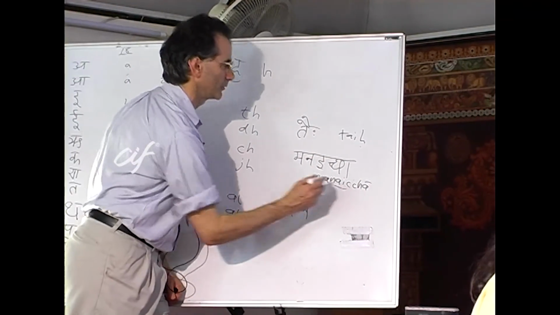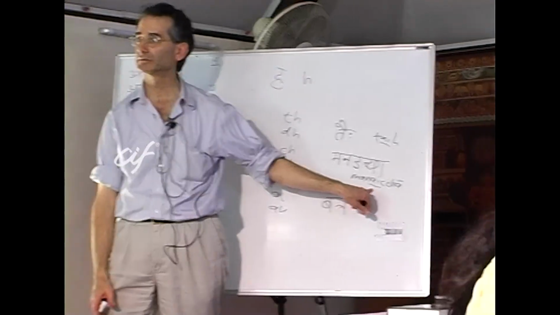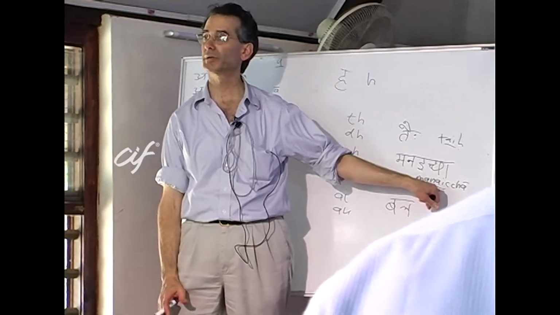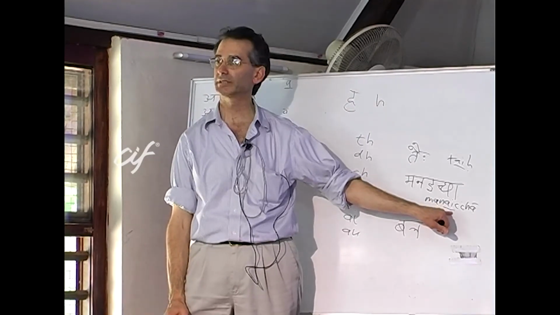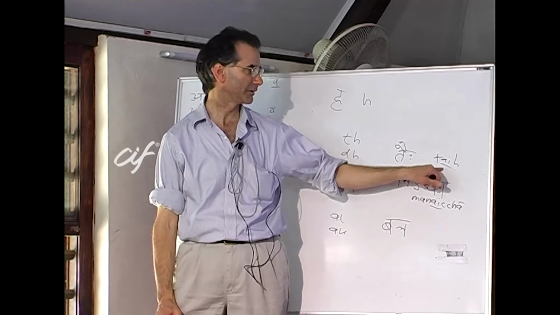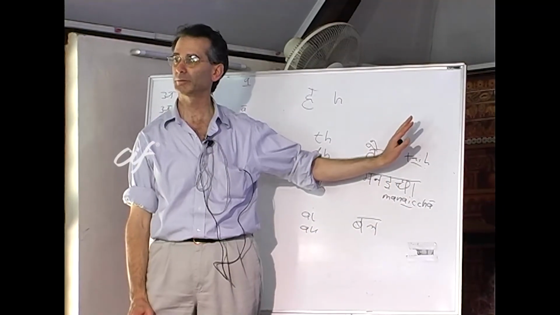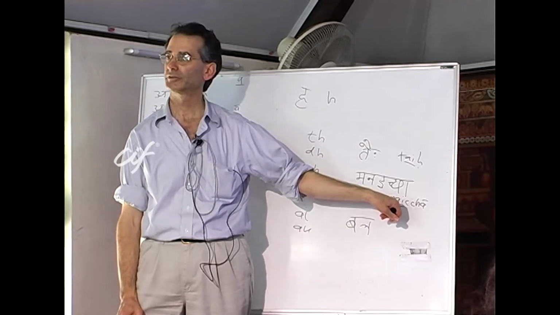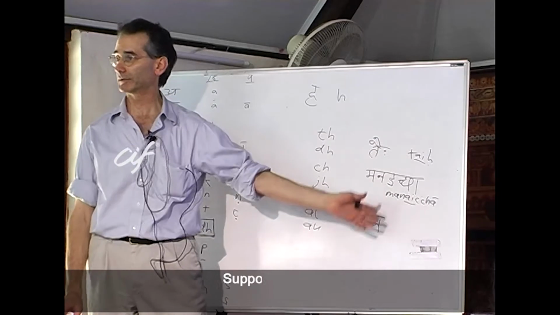In both cases, we're using ai. Is this manaicha or is it manaicha? The a and the i are representing separate phonemes here, and they're representing a diphthong here. So we have a digraph representing one phoneme here, and we have the same marks being used in a different way. This is ambiguity, right?